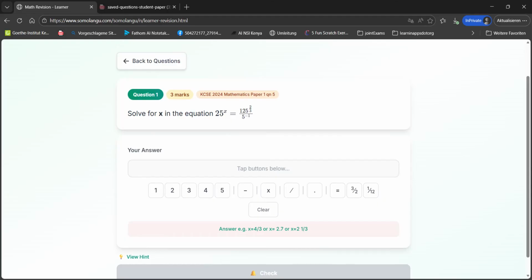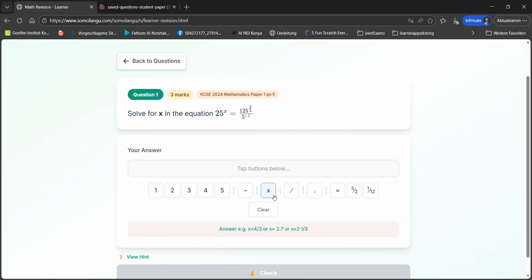Alright, now that we have worked out our answer, let's come and enter it. So you're supposed to enter your answer in this form. You enter x equals sign and then the value of x either as a fraction, as a decimal, or as a mixed number. So we found our answer to be 3 over 2.